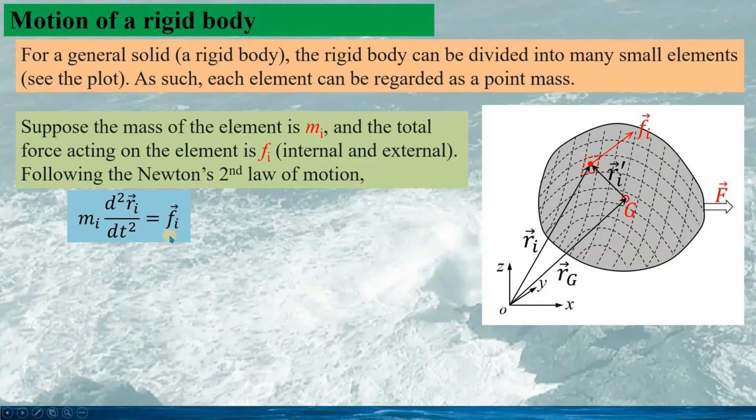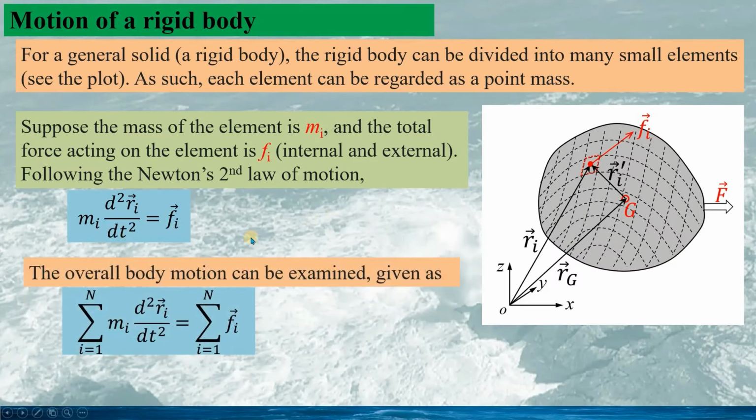Based on Newton's second law of motion, we have the dynamic equation for the element given as this. And we can also put all these elements together, so the overall body motion can be expressed as this.